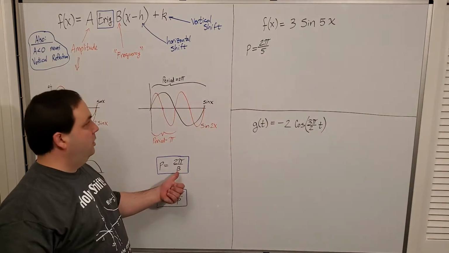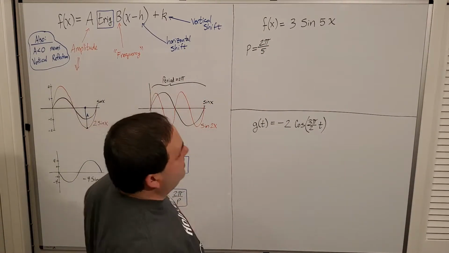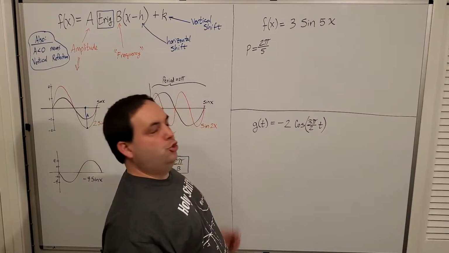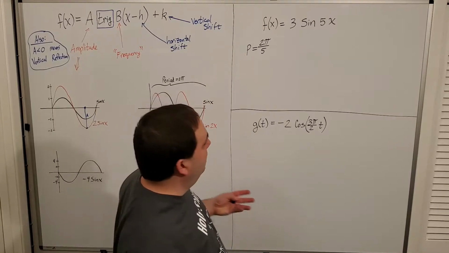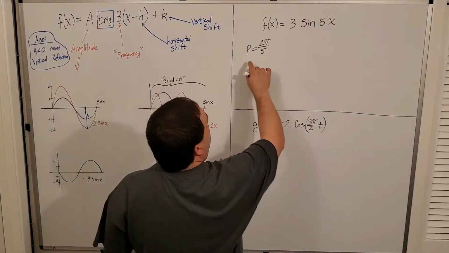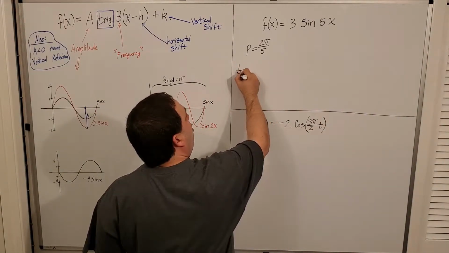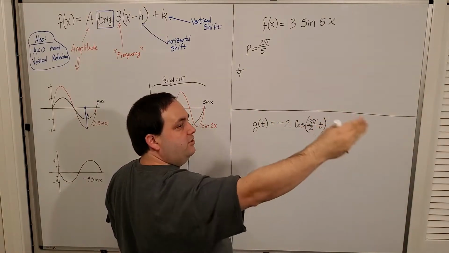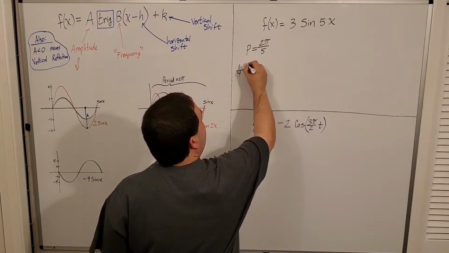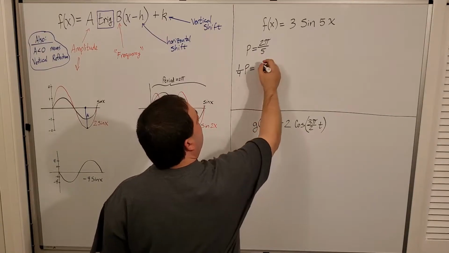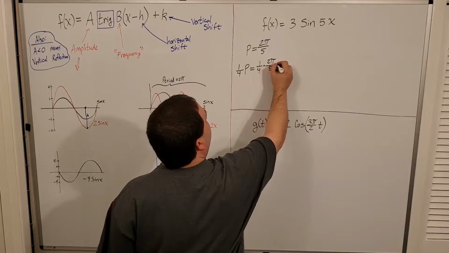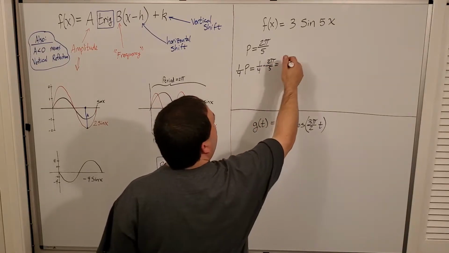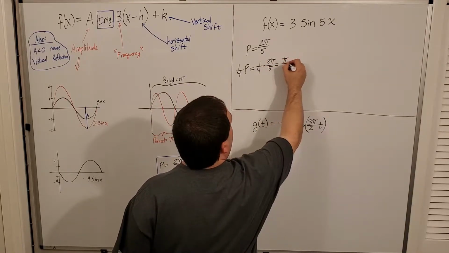Just using this formula here. I can't simplify that at all. It's just 2 pi divided by 5 is one whole period. Fine, no problem. That means that my quarter period, remember I'm splitting it into 4 quarters, is just 1/4 times p. That's just 1/4 times 2 pi over 5, which I can get as pi over 10.